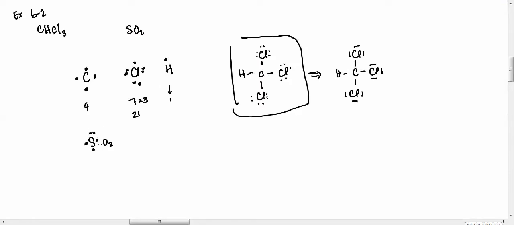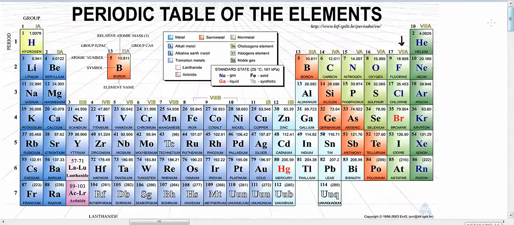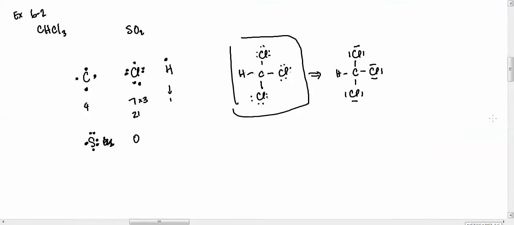And then dioxide is, well, oxygen is what was it? I forgot how many it has. That has 6 as well. Okay. So you got 1, 2, 3, 4, 5, 6.